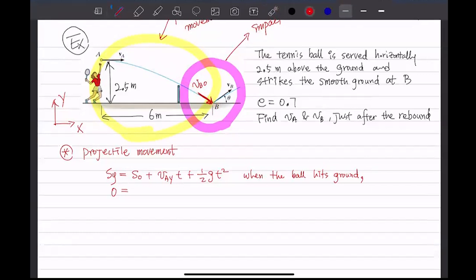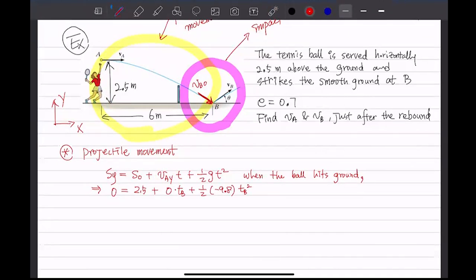So that is going to be 0 equal. The initial displacement is 2.5 plus, what's the initial velocity in the vertical direction? There's nothing, right? So it's 0 times TB plus 1/2. G is negative 9.8, right? And TB squared.